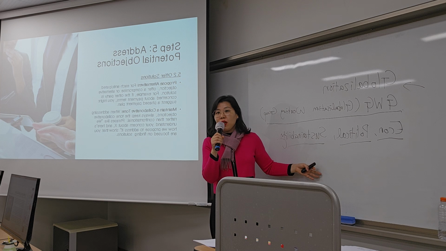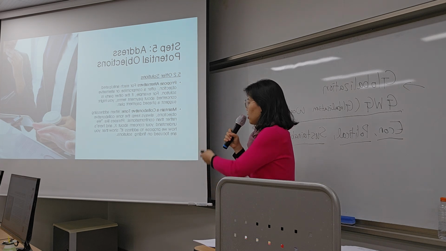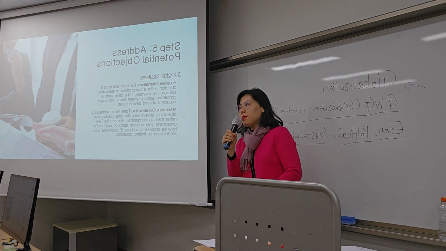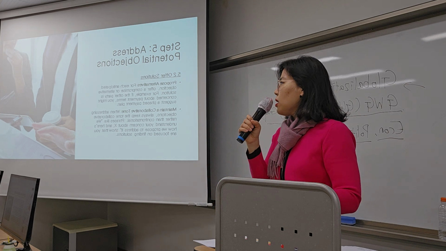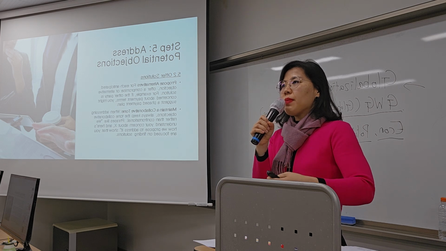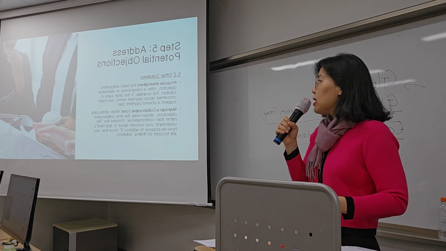Diplomats use very diplomatic language. So try to use phrases like "we understand your concern, but we try to address the situation by..." Maintain a collaborative and very polite tone, and use polite diplomatic language.